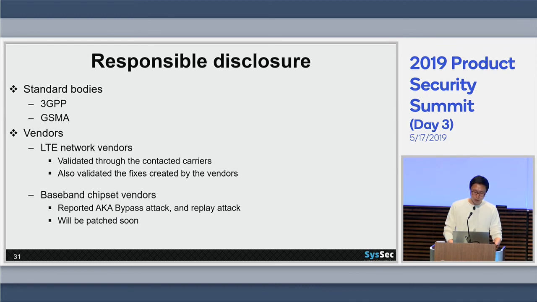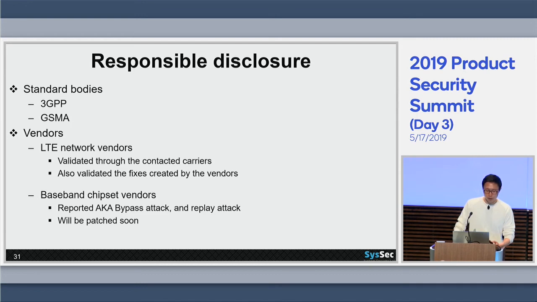About all our findings, we responsibly disclosed them to the corresponding entities. For the specification issues, we reported to the standard bodies, 3GPP and GSMA. And for the implementation bugs, we reported to both the LTE network vendors and baseband chipset vendors.